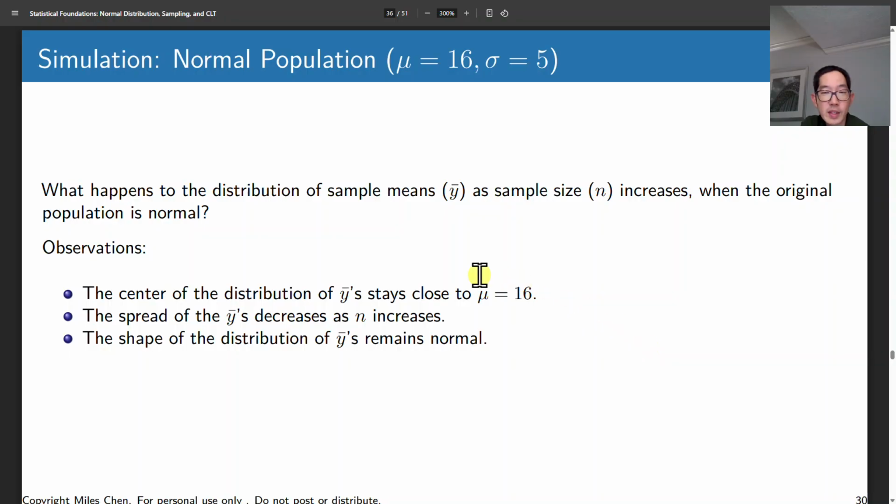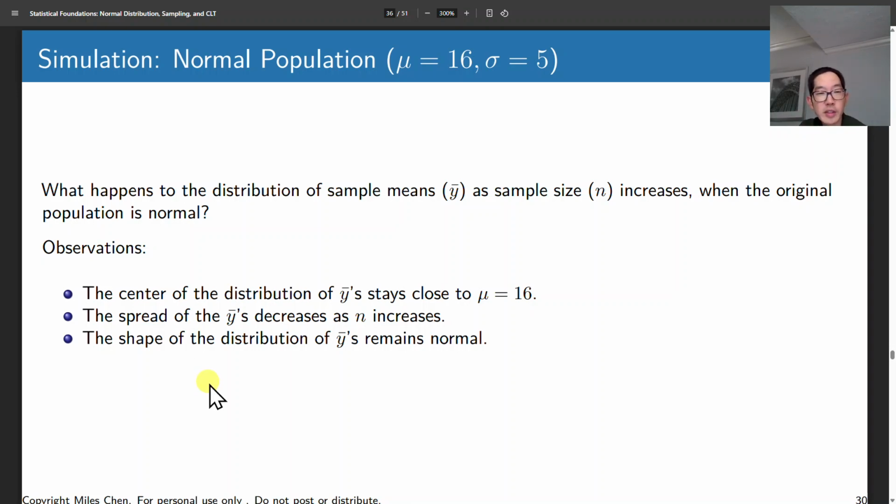And so, what happens to the distribution of the sample means as the sample size increases? What we end up seeing is that the center of the distribution stays close to 16. The spread of the distribution gets smaller as n increases.